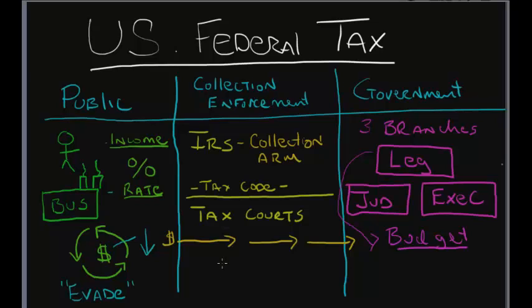Now let's move to the collection enforcement side. Well, what if, and this is when we go back to this simplification of the tax code, what if this becomes too inefficient, too complex?